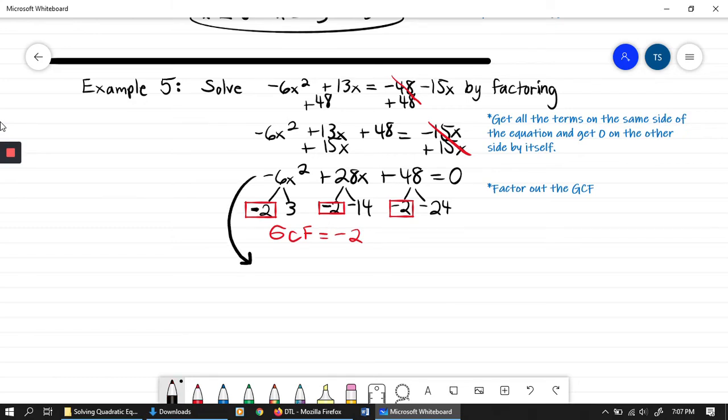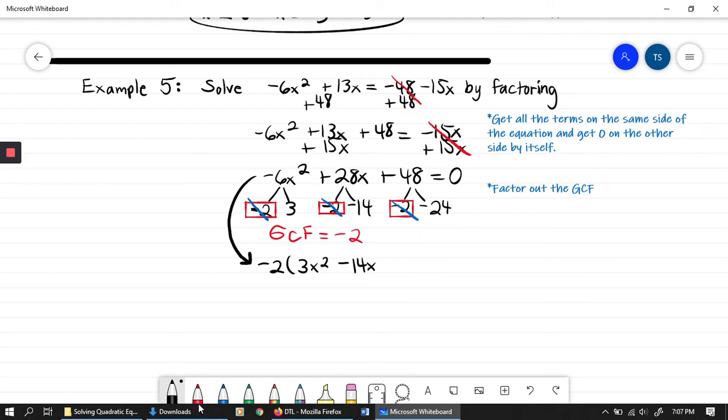So we've got the negative 2 on the outside, and what's left over from that first term is 3, and it still has all of the x's. And then from that second term, what's left over when we factor out that negative 2 is negative 14, or minus 14, and we still have the variable x.